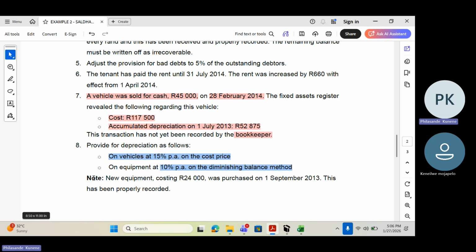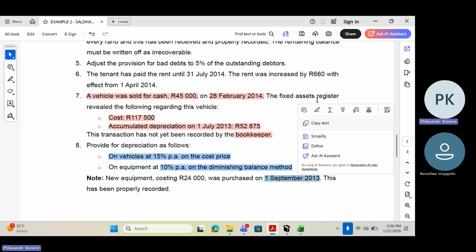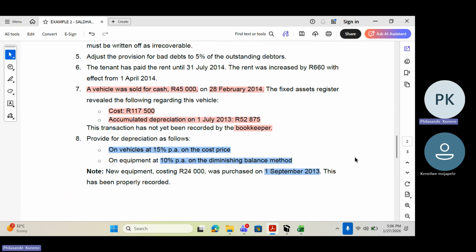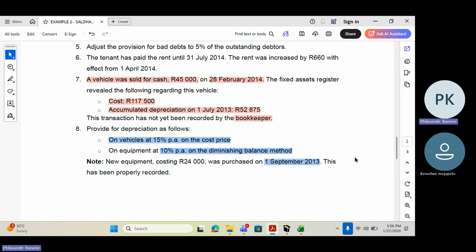Okay, then they say note, new equipment costing 24,000 rands was purchased on 1 September 2013. This has been properly recorded. Let's deal with the vehicles first, right? Now that we calculated a depreciation for the sold vehicle, now we need to deal with the one that is unsold, yeah?